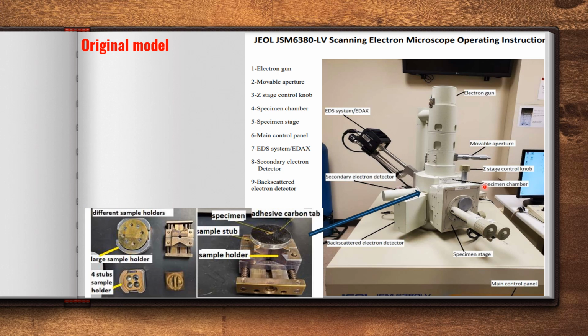That means it is possible to place or focus on a particular area. There is also a movable aperture, which can control the intensity of the X-rays. The sample stage is placed in the specimen chamber. This is about the general instrument.